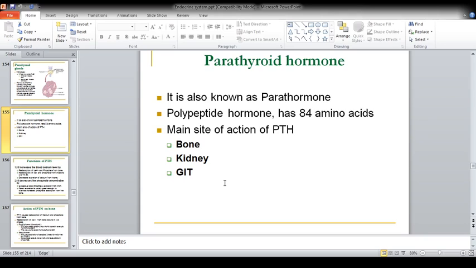It is polypeptide in nature and has 84 amino acids. The main sites where it acts are the bones, the kidney and the gastrointestinal tract, the places where you'd find abundant calcium or need to reabsorb calcium.